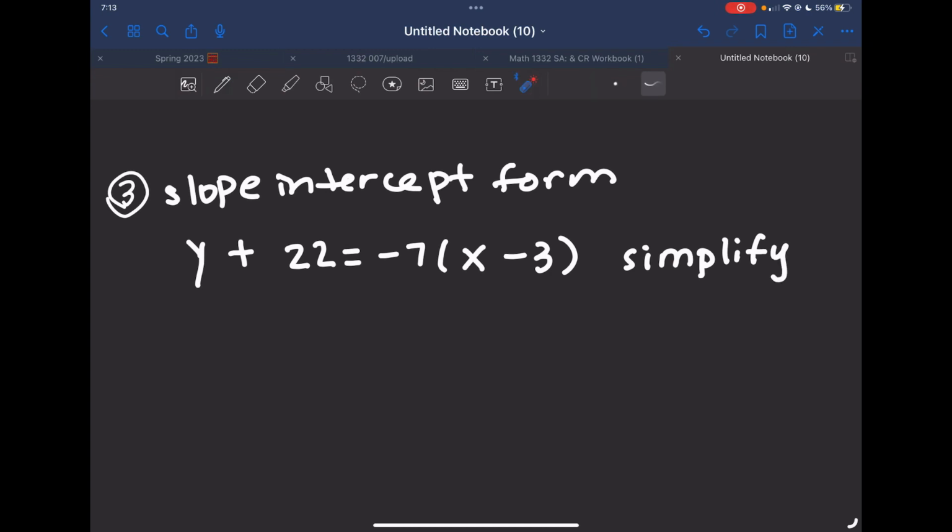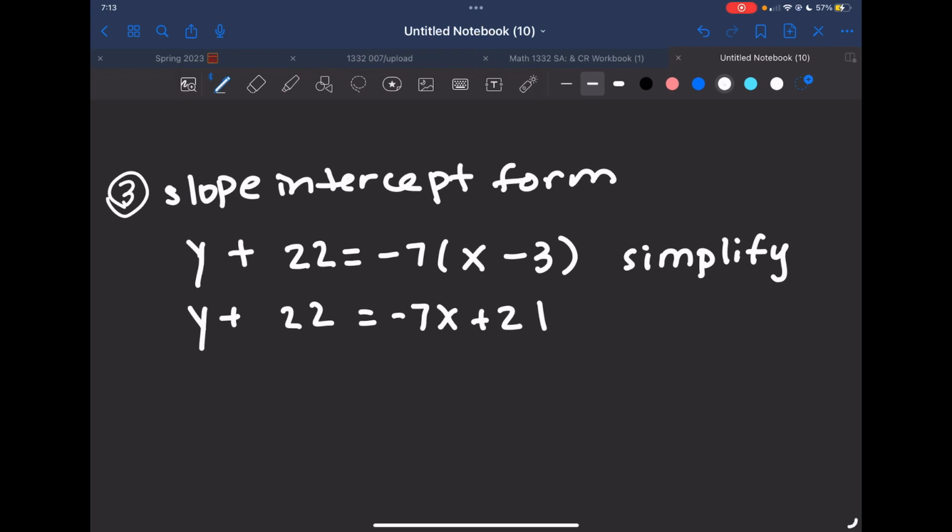What we've been working on is distribution. So this is negative 7x and negative 3. Now we say y plus 22 equals, again, negative 7x, and then negative 7 times negative 3 will give me positive 21.